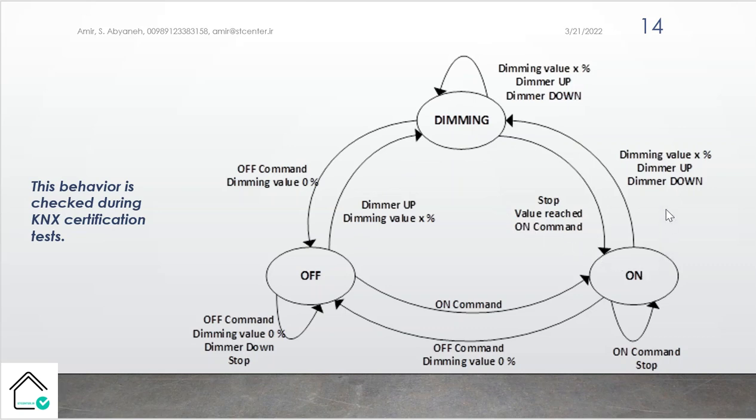And with the specific value, we can dim up or dim down by relative or absolute percentage. Short operation makes it off. Short operation makes it on, and similar concepts. So this behavior should be checked in the KNX certification test according to the KNX details from this chapter.